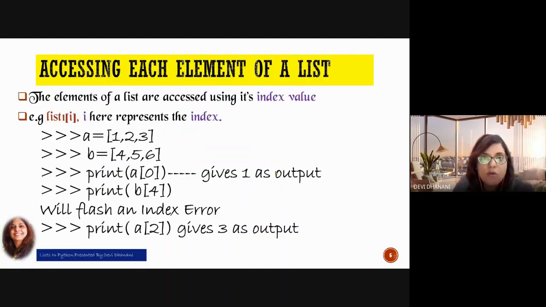Now let's see how we can access each element of a list. The elements of a list are accessed using its index value. What is an index value? Index value is simply a number which starts from 0.